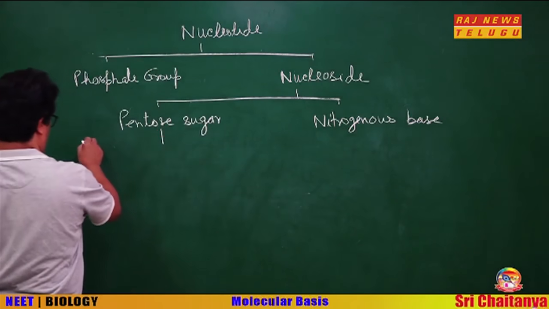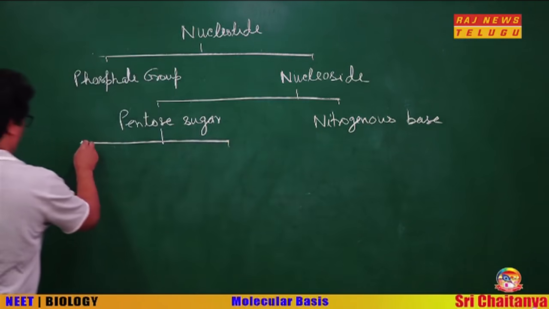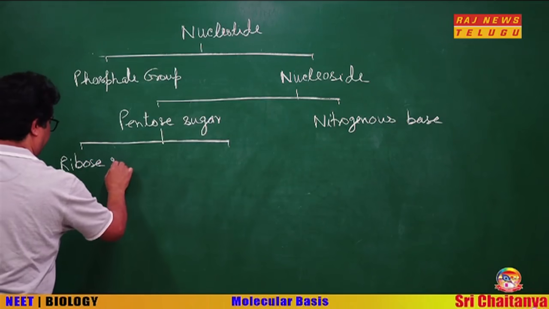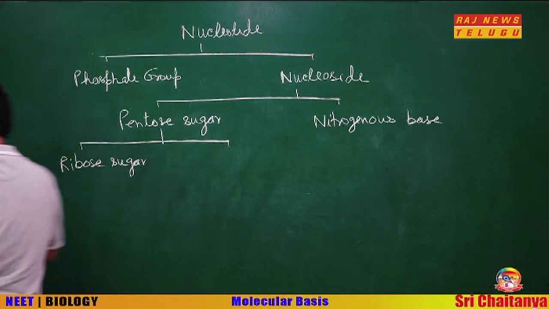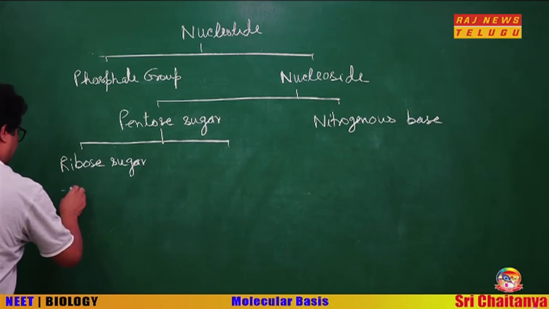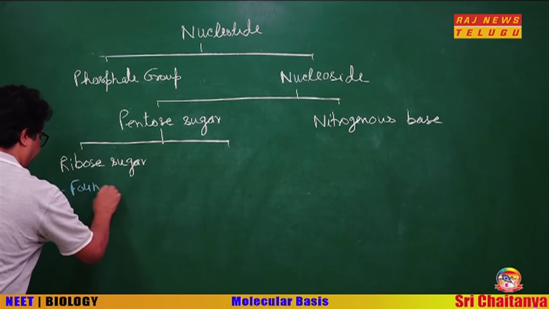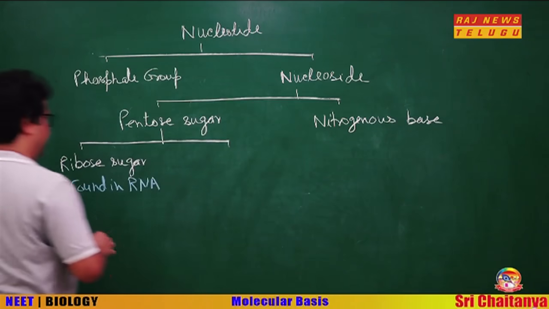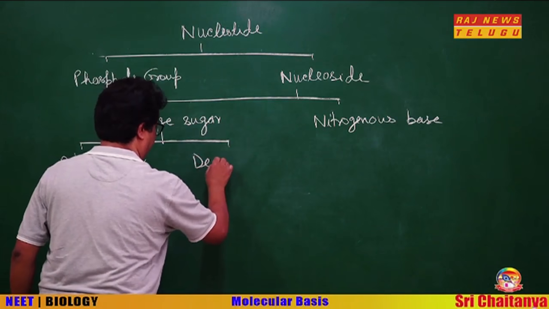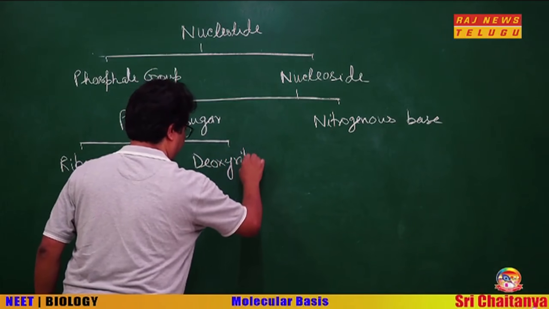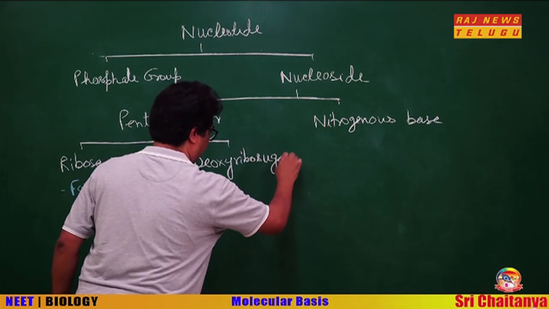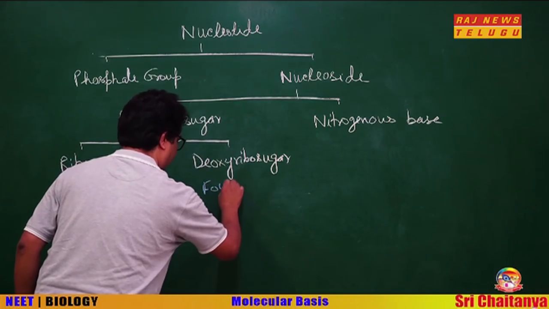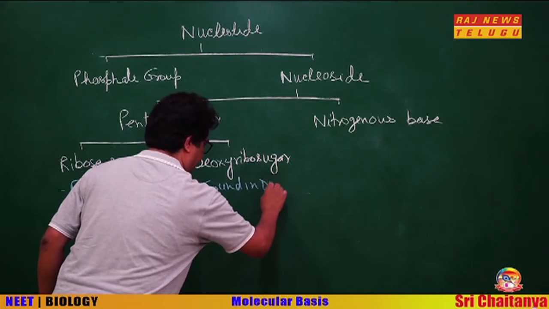Pentose sugar is of two types. Ribose sugar, this is found in RNA, and second, deoxyribose sugar, this is found in DNA.